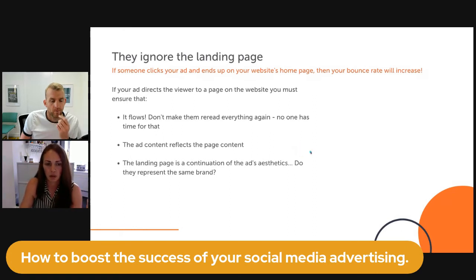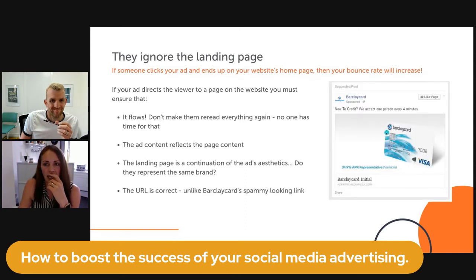Is the brand look and feel all the same? Does it represent where you're sending them? If you've got stock images but your website's full of little character images, then just keep it continuing.